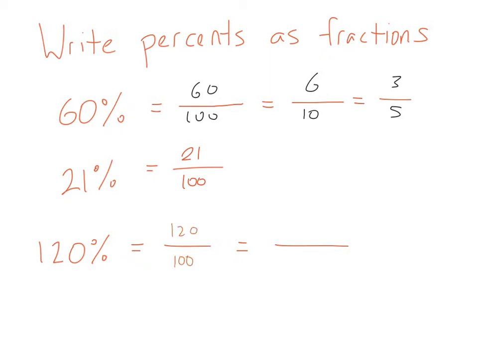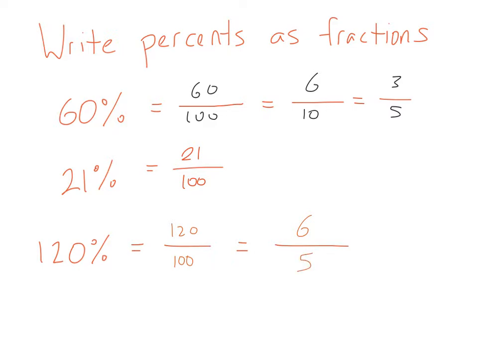Now, what can you divide them both by? You could start with 10, and you'd end up with 12 over 10. But you can divide both the 12 and the 10 by 2. So maybe instead of 10, we should divide by 20. 120 divided by 20 is 6, and 100 divided by 20 is 5.